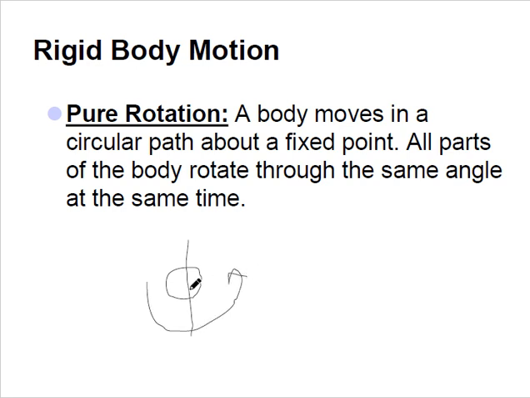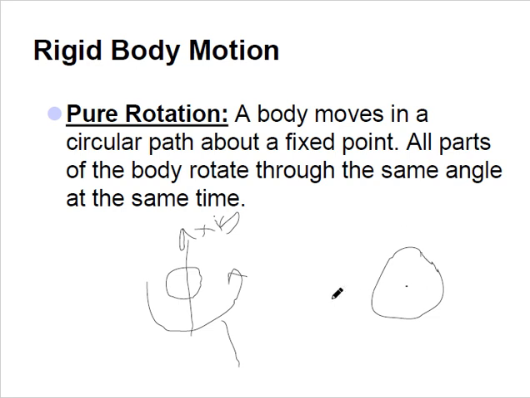If you draw the path, it's just a circular path. It happens around a fixed point because you've got your axis here. Without this axis, you won't have a rotation.